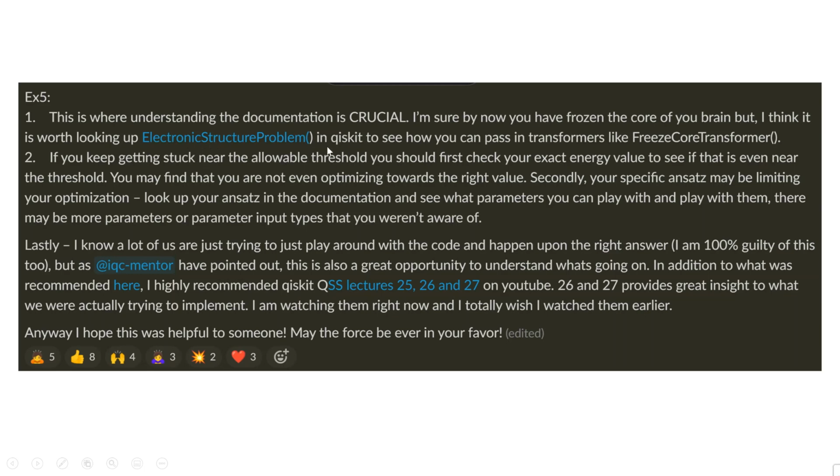I know it's hard to gather everything that you need to know from that documentation, but it's worth taking the time to try to understand exactly what's going on. Otherwise, you'll probably spend even more time just trying to naively guess what's going on. And so it took me and people a long time to figure out that you can actually pass the freeze core transformer object into the electronic structure problem.